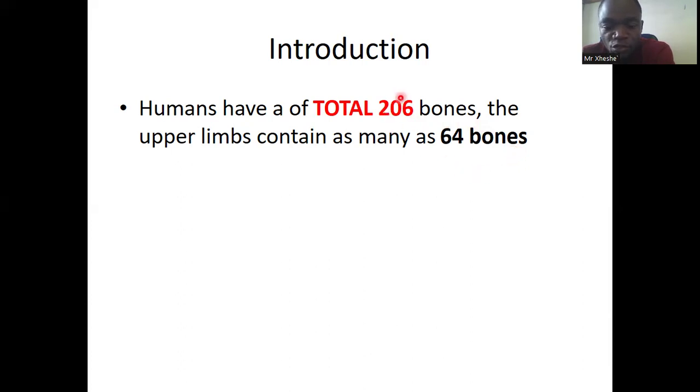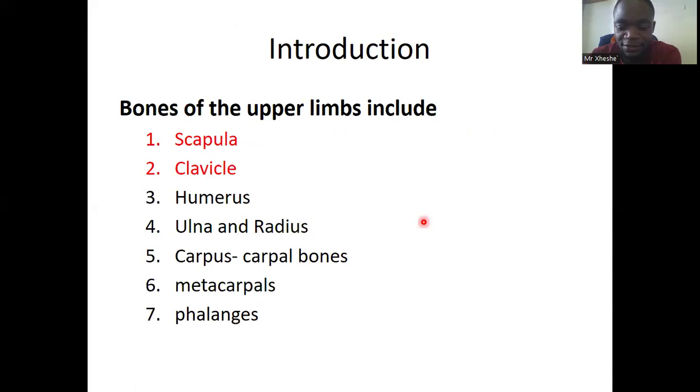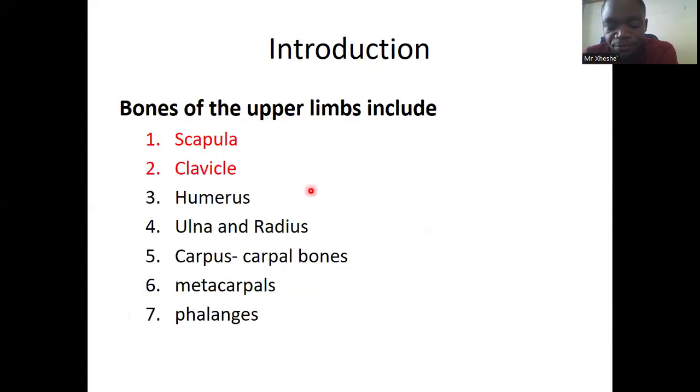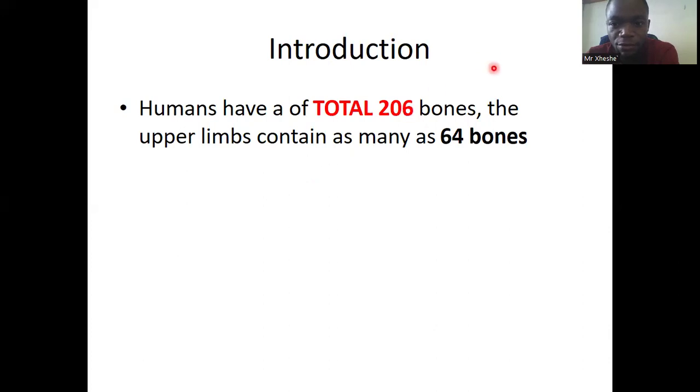Now, out of these 206 bones, we find that 64 bones are allocated to the upper limbs. So in each upper limb, the left limb will have 32 bones in total. The other one also 32. If you add them, that will give us 64 bones.